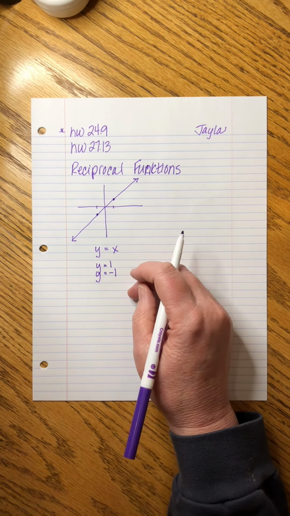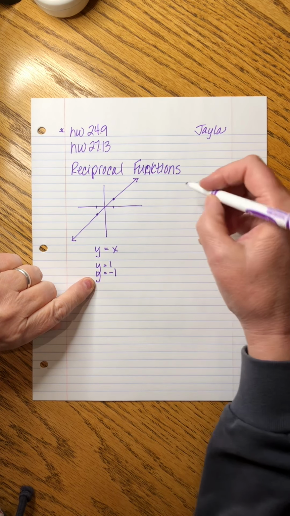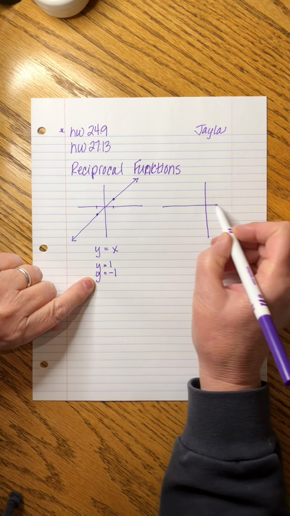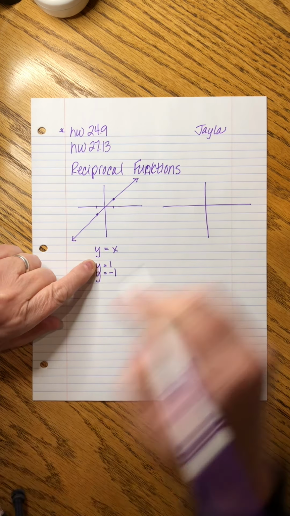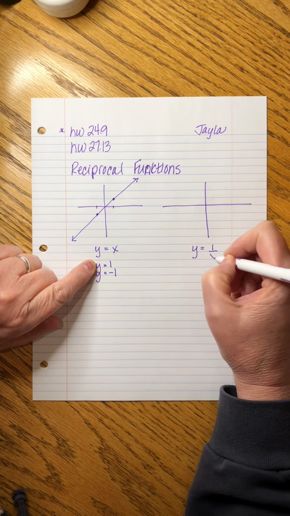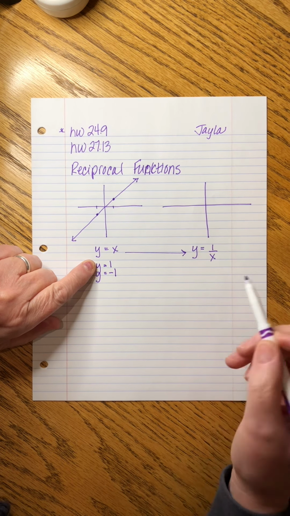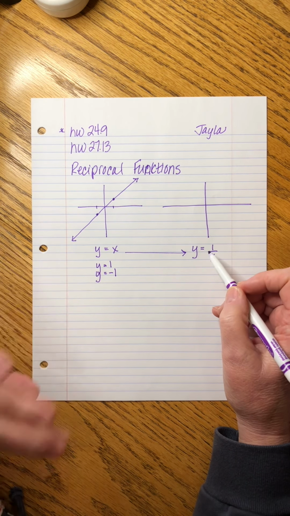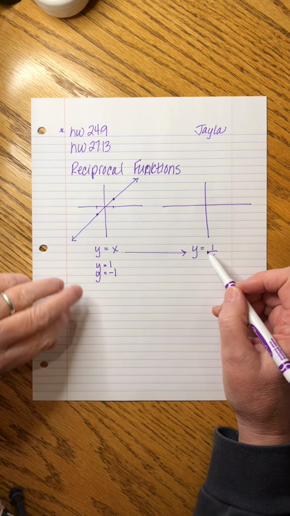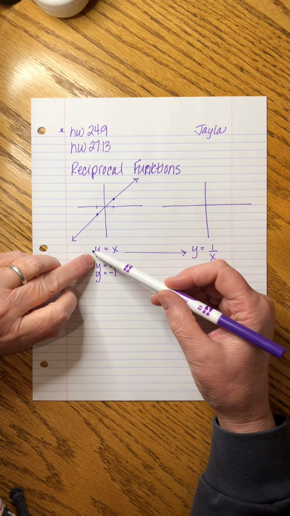Those places are important because that is where the reciprocal function is going to be the same as the original function. Let me show you what I mean. If this is the original function, then this is the reciprocal function, right? We just flip it. No big deal. I don't want to get into showing you all the charts of numbers because that gets really confusing. But when x is equal to 1, y is equal to 1.